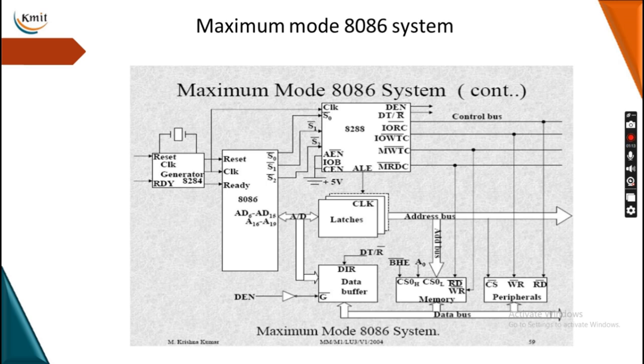So in the previous session, we have studied about minimum mode system. So what is minimum mode system? Nothing but the 8086 processor is itself a controller or master, giving the commands to the peripherals present in our system in order to operate accordingly.